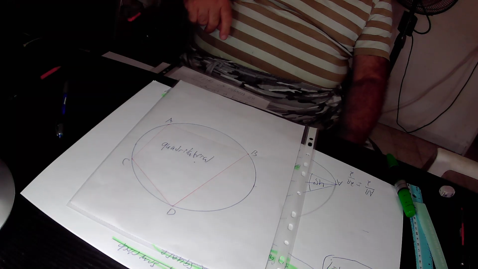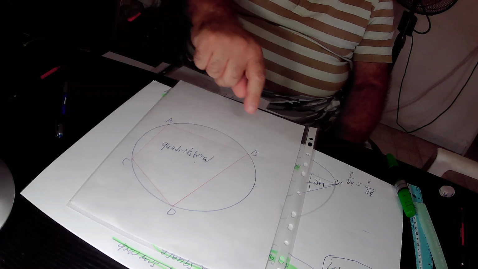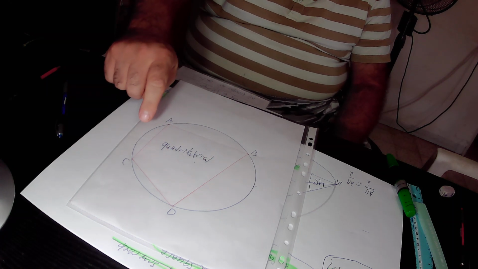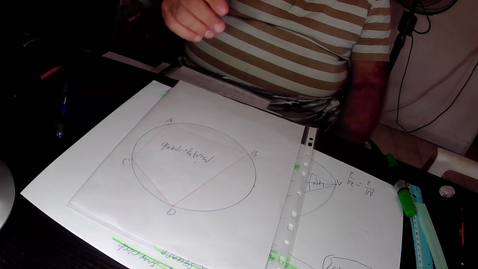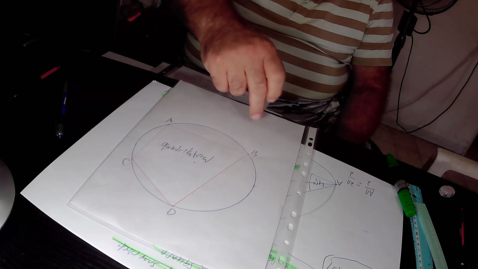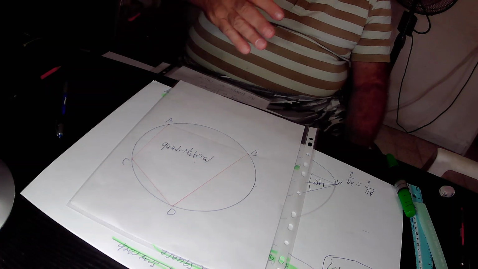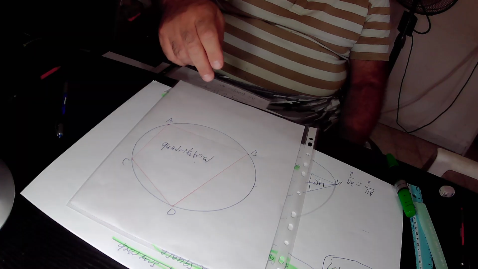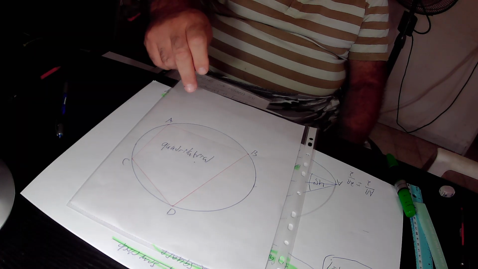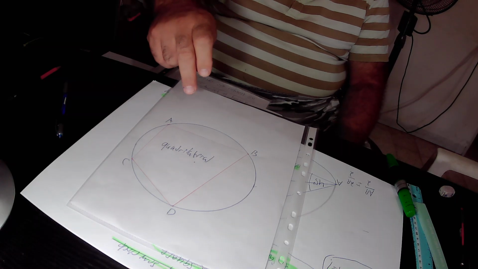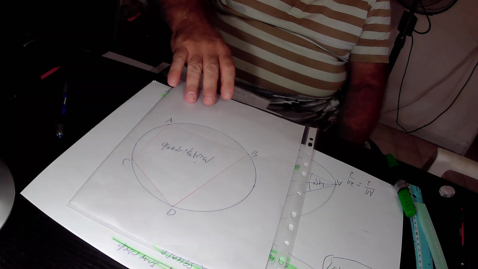Because all of its four vertices, that is to say A, B, C, and D, are all located on the circle. And therefore this quadrilateral ABCD is inscribed by this circle. That is to say, it is blocked by this circle. So only if all the four vertices of a quadrilateral lie on the circle, then it is inscribed by this circle. So this is quadrilateral ABCD that is inscribed by this circle.